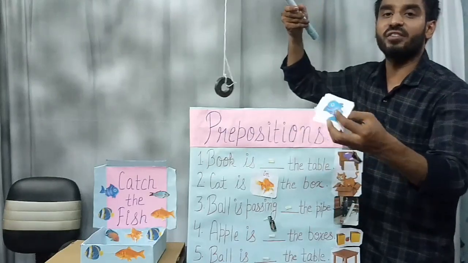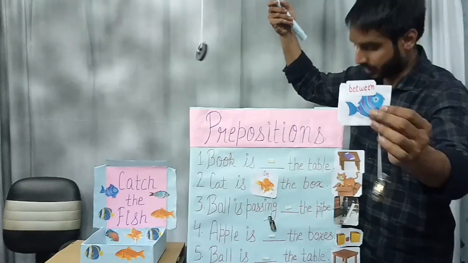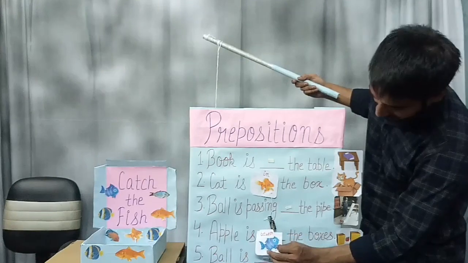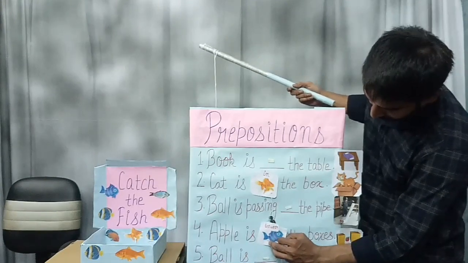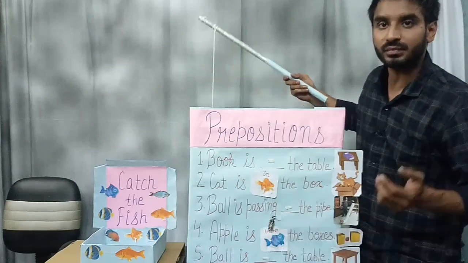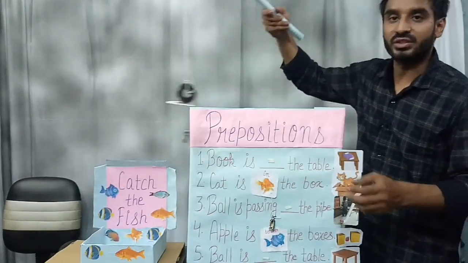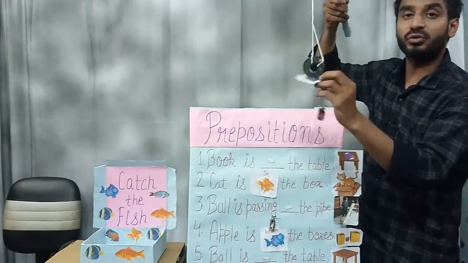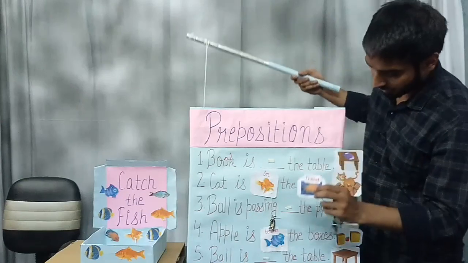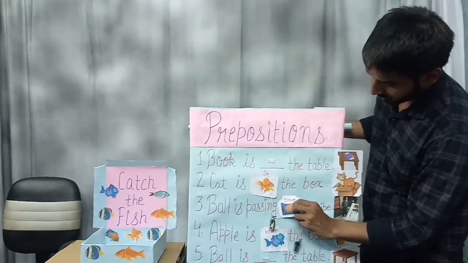Again on the second fish there is a preposition written on it, that is "between", and it's between, the apple is between the boxes, so it fixes here. Let's try once more. So it's "through" preposition on it, right? So the ball is passing through the tunnel, right?